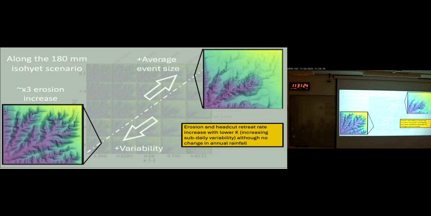And I want to highlight only two end members here that go along the main diagonal. As a reminder, the diagonal is isohyetal, that means no change in the annual rainfall, but the lower left case is associated with an increase of sub-daily variability, which leads to a 3 times increase of erosion relative to the upper right case.